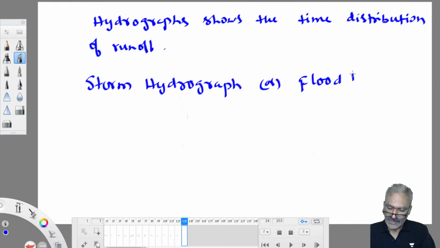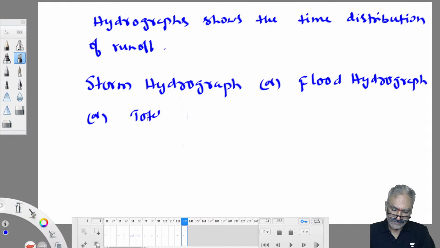Flood occurs where? In a river only. So when you measure flood discharge, it becomes a flood hydrograph. A storm occurs in a catchment, and for that storm we are measuring the response. Therefore, it is also called the storm hydrograph. And people in the US also call it the total runoff hydrograph.